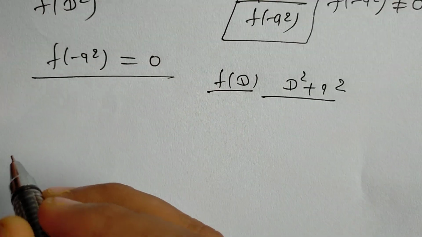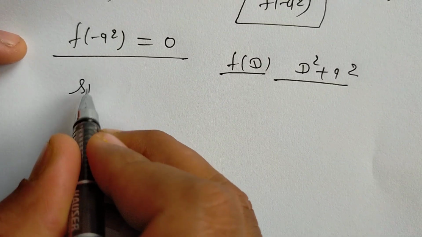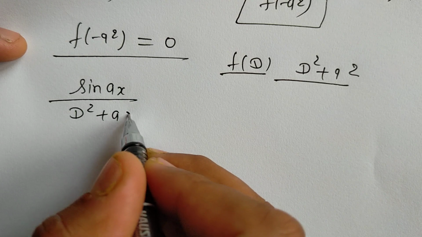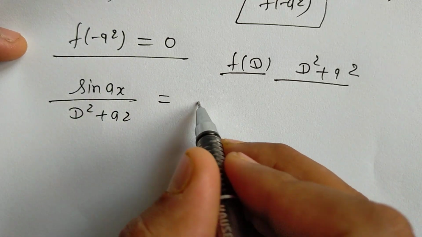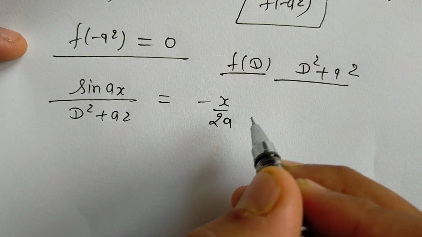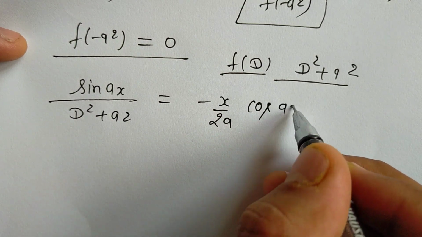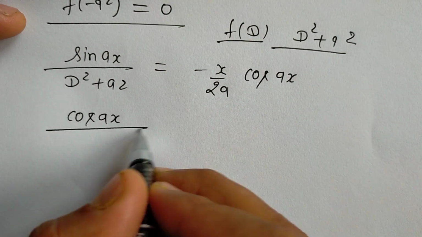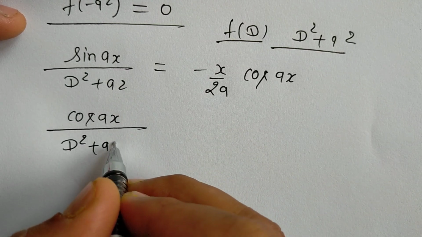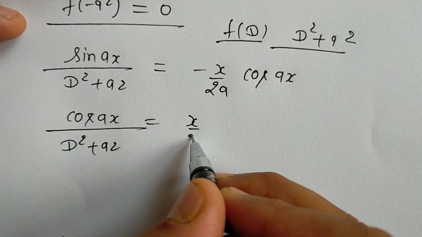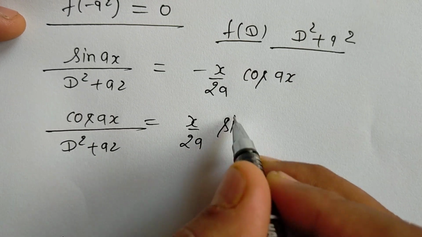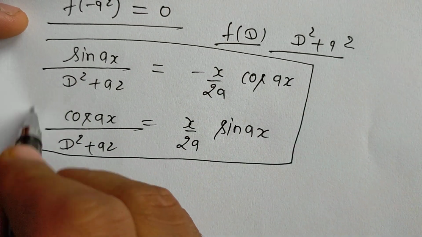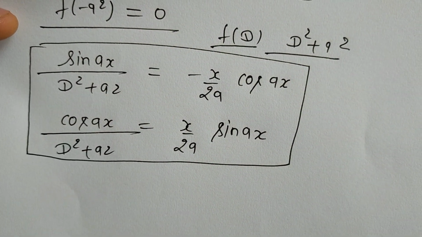So we can have the particular integral sin ax by D square plus a square equal to minus x by 2a cos ax, and similarly cos ax by D square plus a square equal to x by 2a sin ax. So directly we can use this formula for finding the particular integral.